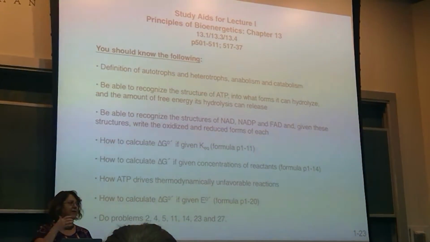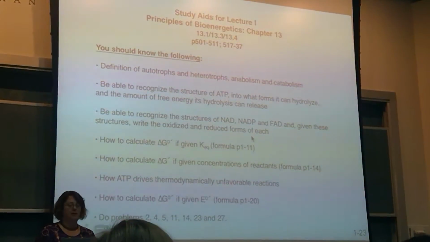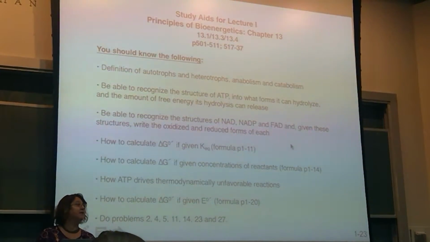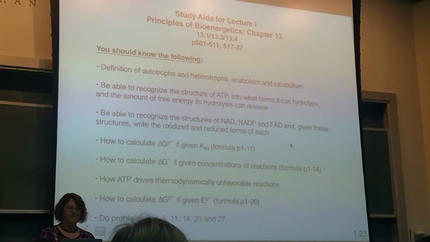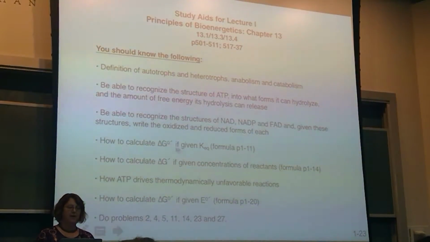I'm not going to focus on the adenosine transfer. You want to be able to recognize the structures of NAD, NADP, and FAD, and write the oxidized and reduced forms. Some of this is memorization, so you just want to start now. Then these things you'll really need to know: how do you calculate delta G0 prime if given K equilibrium?